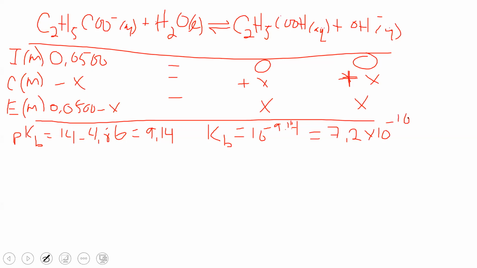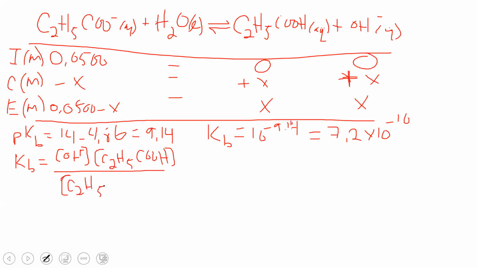We also know our Kb is equal to the concentration of hydroxide times the concentration of the propanoic acid, divided by the concentration of the propanoate, the deprotonated.